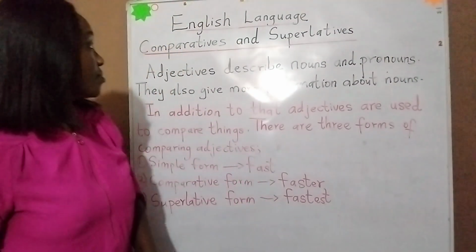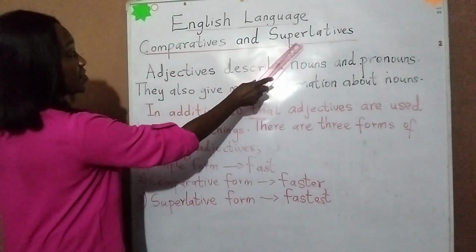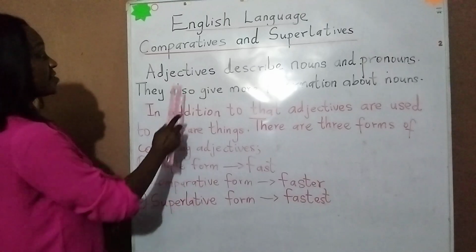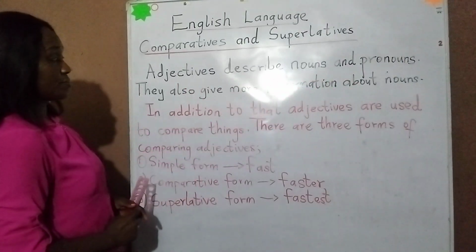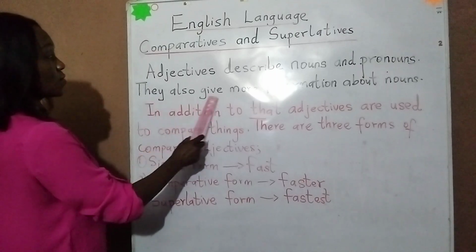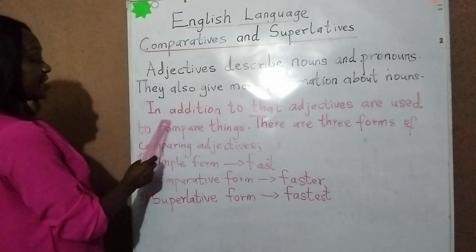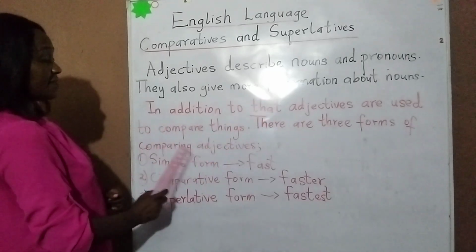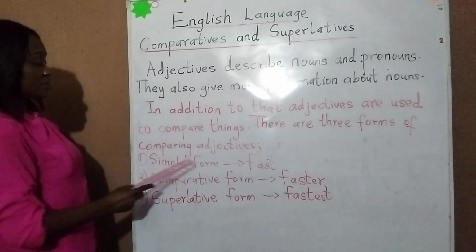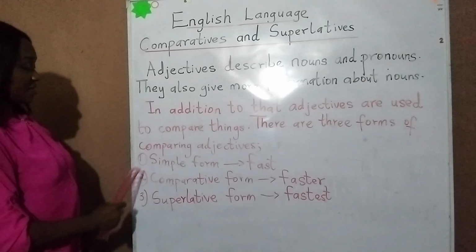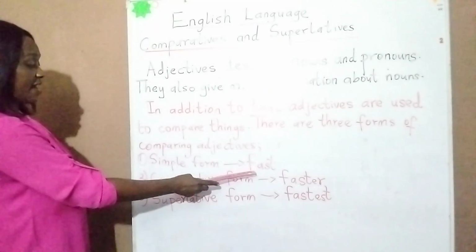Okay, let's look at what we have on the board. Our topic is comparatives and superlatives. We've said adjectives describe nouns and pronouns. Adjectives also give more information about nouns. In addition to that, adjectives are also used to compare things. Now, there are three forms of comparing adjectives. The first form is a simple form, which we've mentioned, fast.